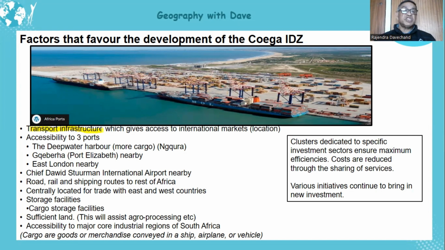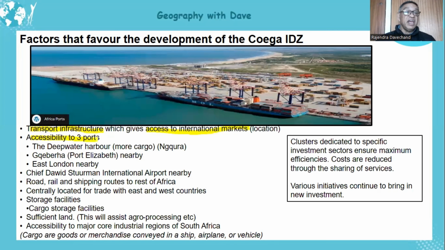So transport infrastructure gives you access to international markets, and also local markets, but we have beautiful infrastructure that can allow us to export our goods, etc. Now look at what we have here. In the Coega area, there's accessibility to 3 ports.